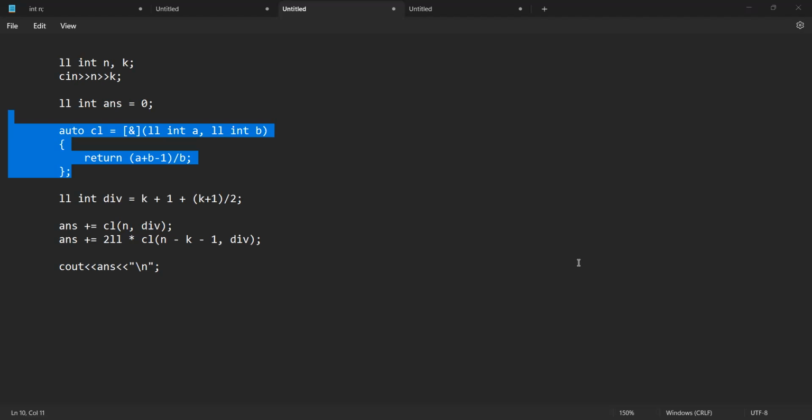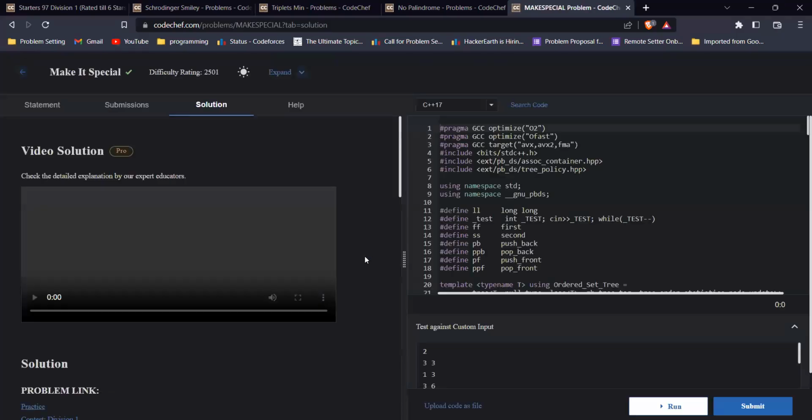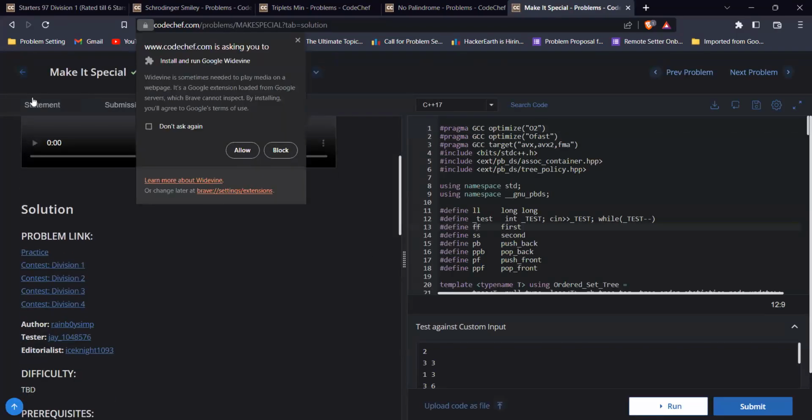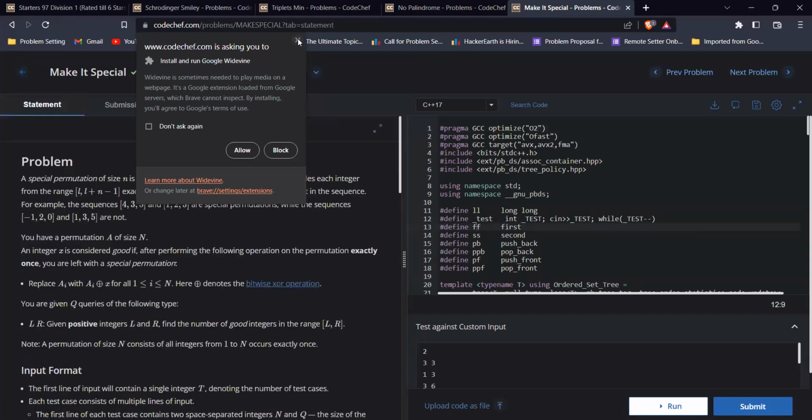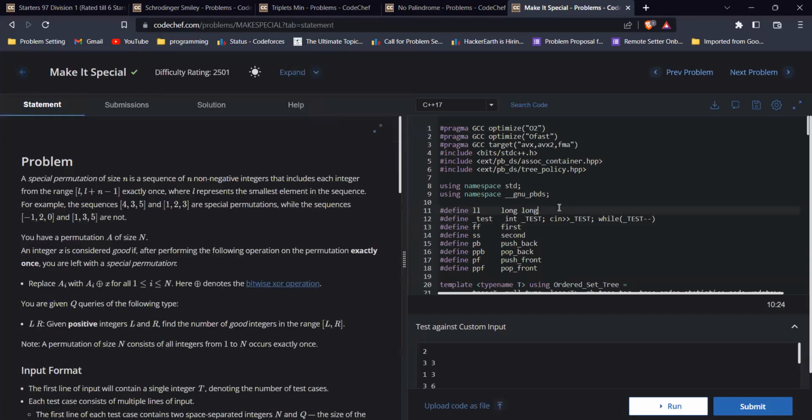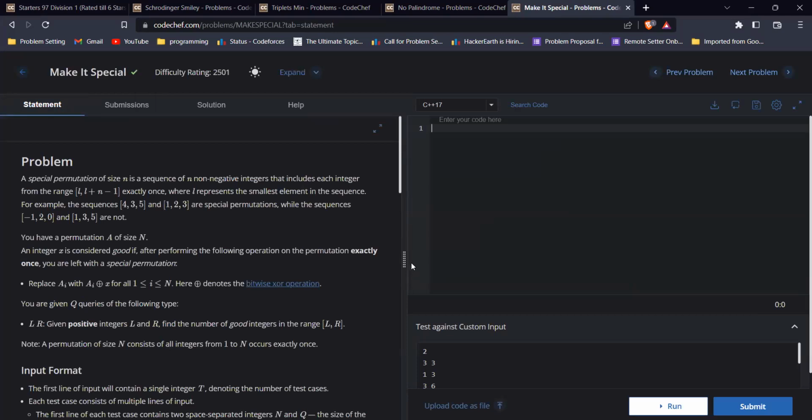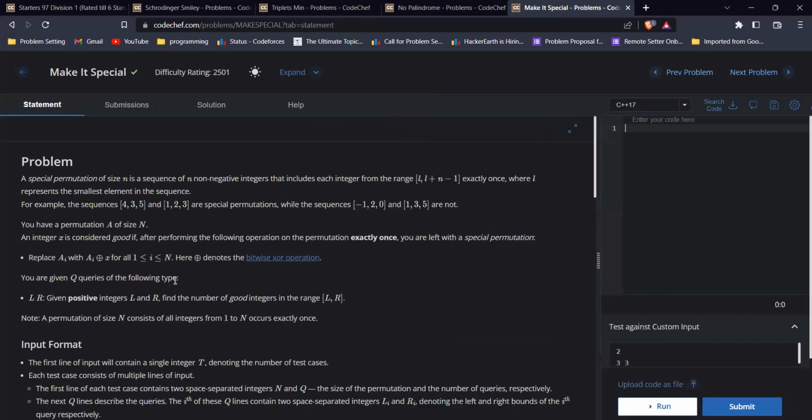So let's move to the fourth problem. So this is the fourth problem. In this problem, we are given a permutation of size n, and we are given a good number.